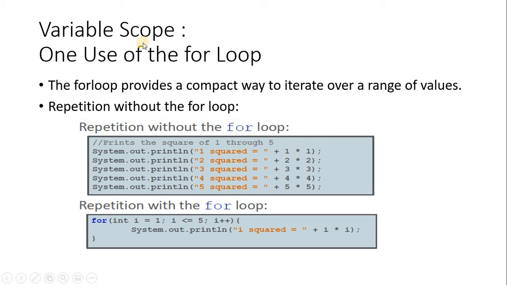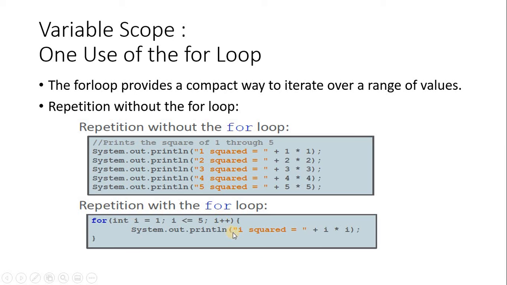So what is the scope mainly for looping? For example, you want to repeat printing all these numbers. It takes some five lines. In order to avoid the number of lines, we can write all of it in a single step by using a loop. With System.out.println, we do the same, using the i variable here, and we concatenate whatever happens based on the looping. i starts with 1, so 1 multiplied by 1.